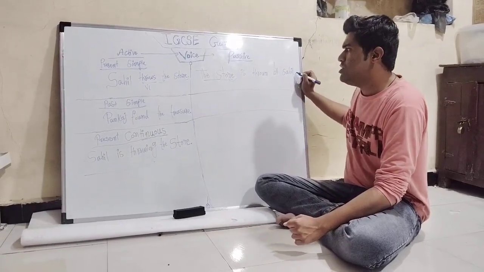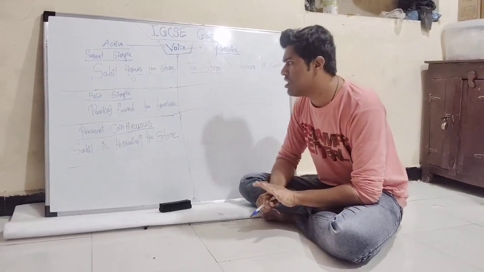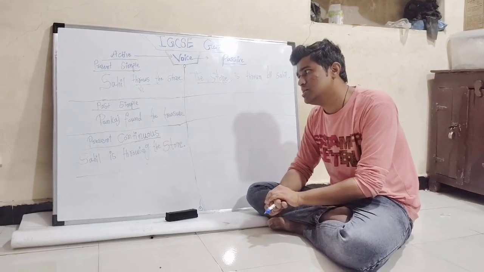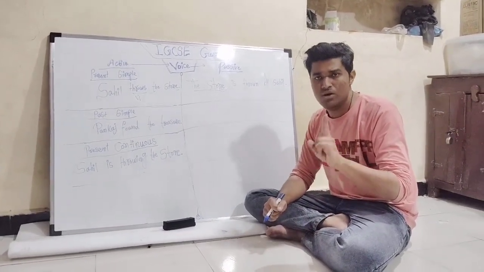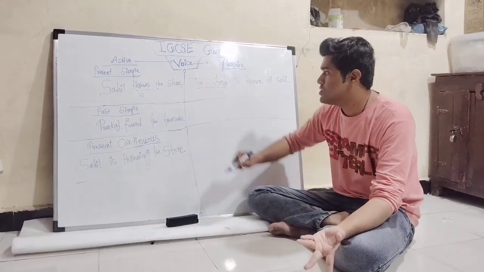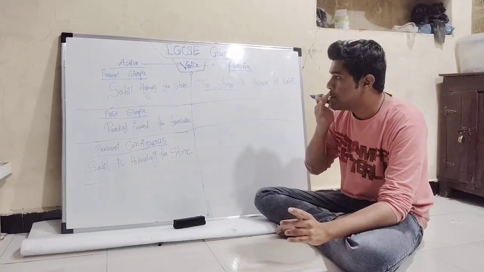In the same way, we're going to have a sequence with past simple. Pankaj found the treasure. Finding the treasure was Pankaj's concern. That's my way of making my student understand in the classroom as a teaching method.